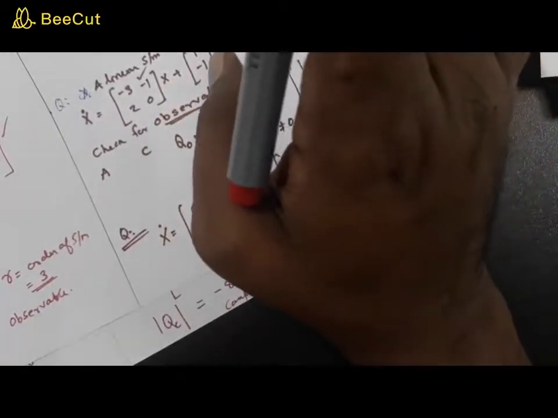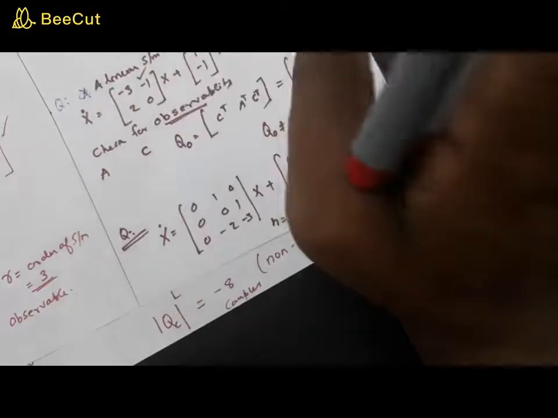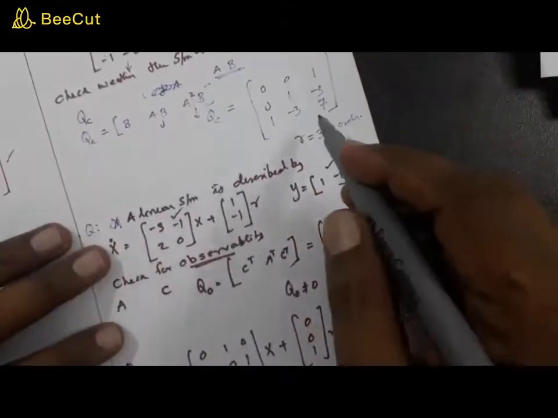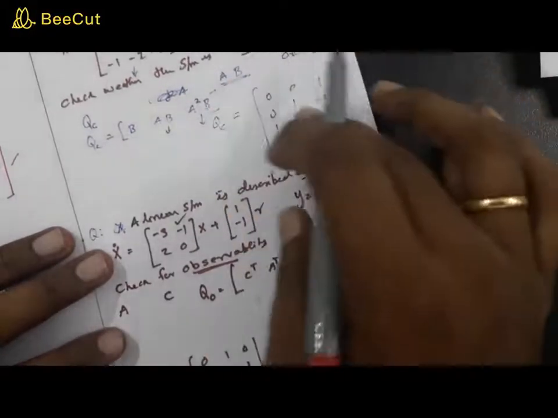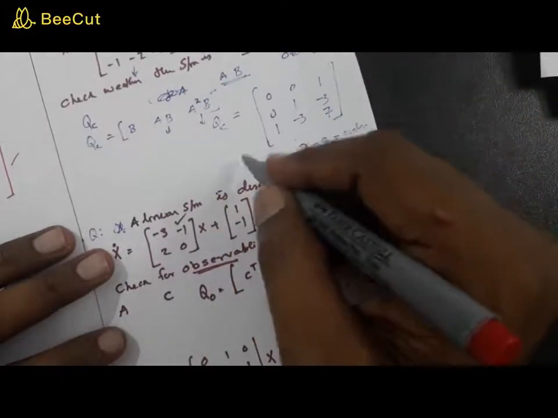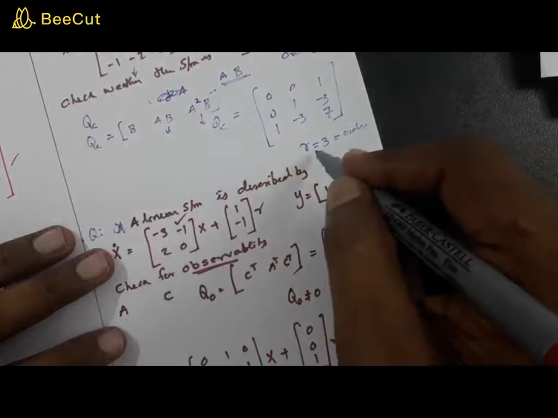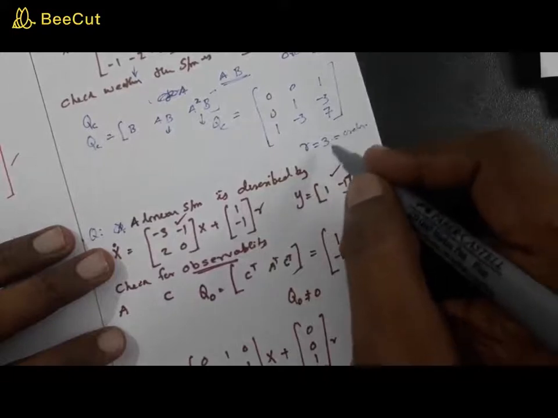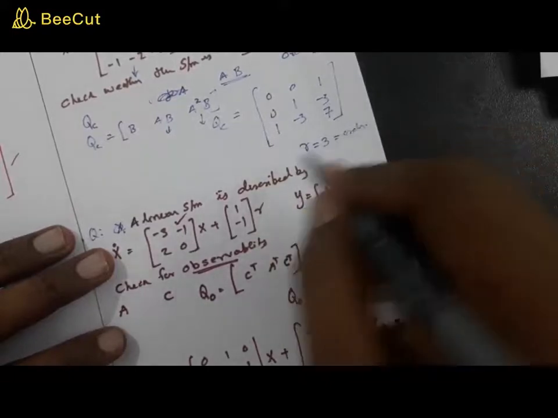You cannot predict the exact rank, but the rank is not equal to 3. Suppose in this question your QC has determinant 0, then you must write: r is not equal to 3, which is the order of the system, or r is less than 3. That's all you can say.